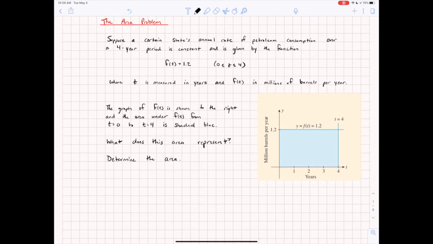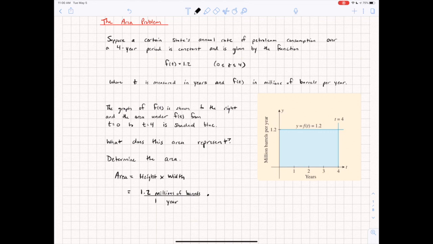I know the area of a rectangle is equal to height times width, or length times width, however you want to look at it, base times height. Here my height is 1.2, and in terms of units, that's millions of barrels consumed per year. That's my rate.